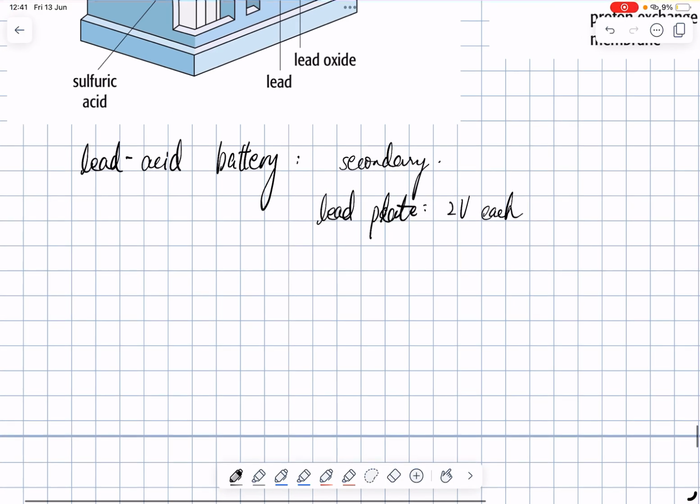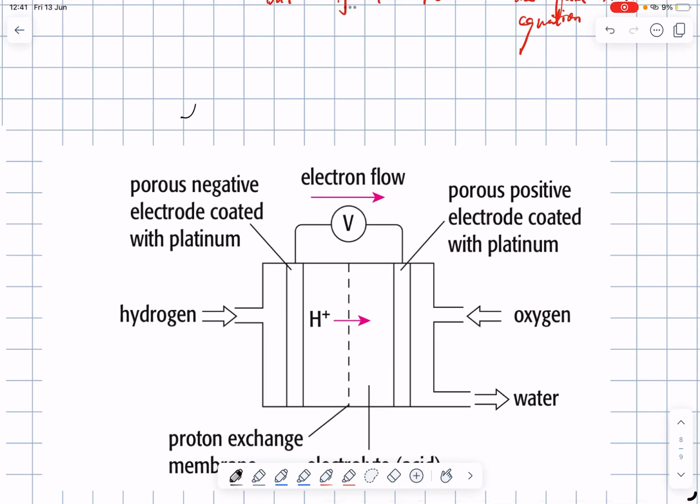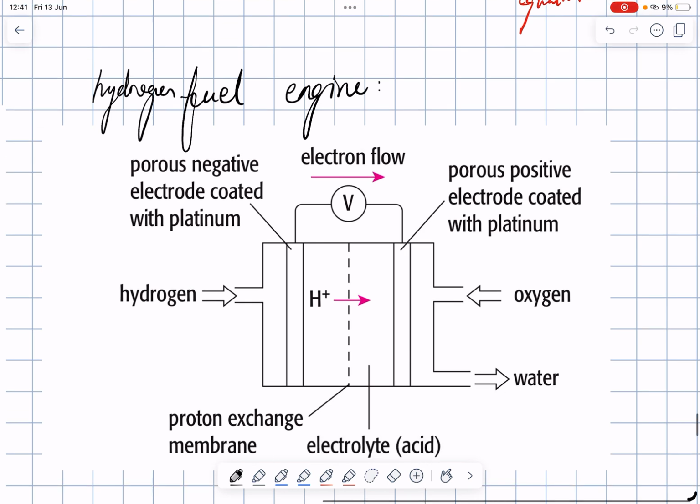And we just connect 6 of those, so it can provide a 12 volt potential difference to light up the car and to start the car engine. And here is the fuel cell. It's the hydrogen fuel cell here.